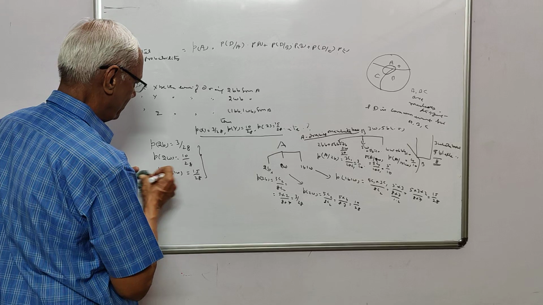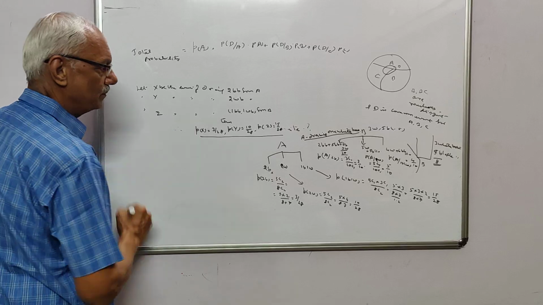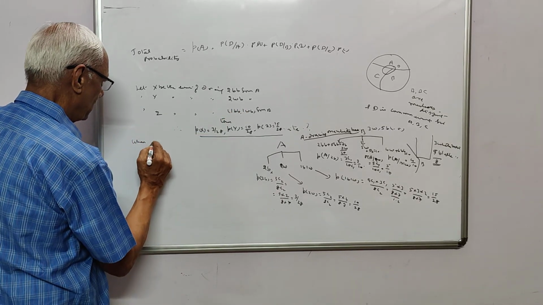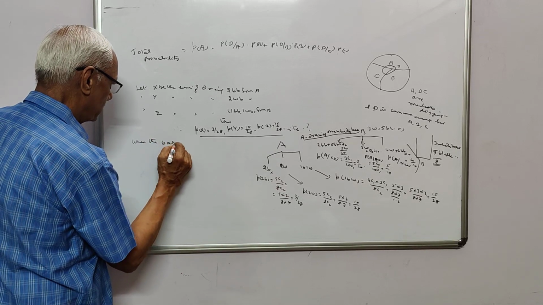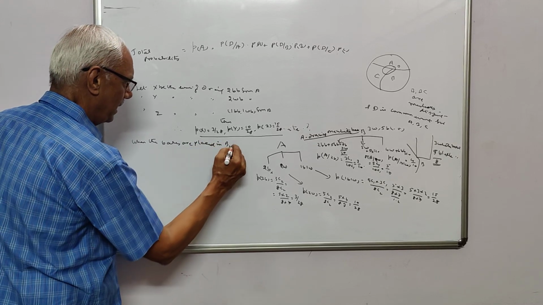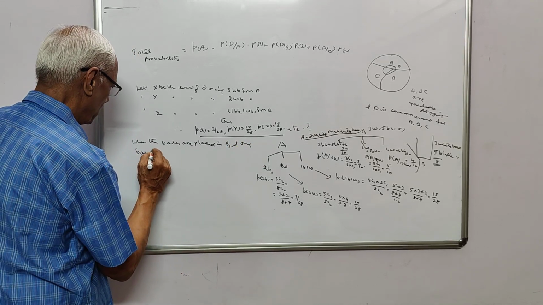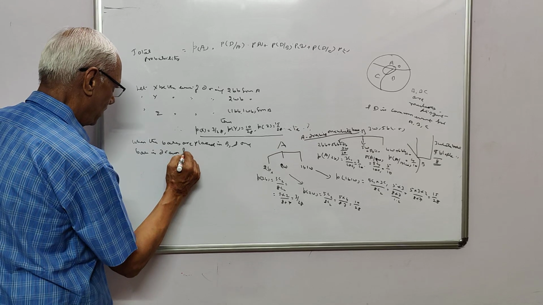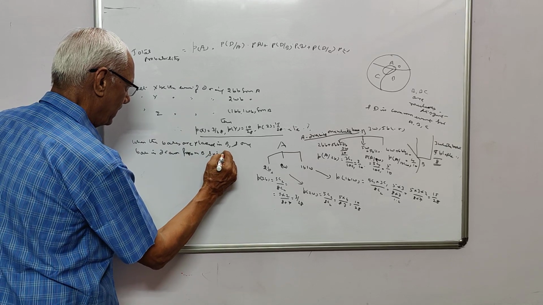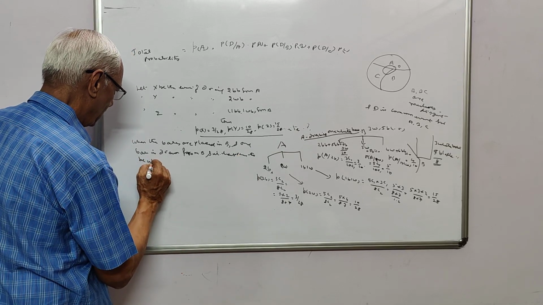I will rub this off. Therefore, when the balls are placed in B and one ball is drawn from B and it happens to be white, then see what you will write in this.